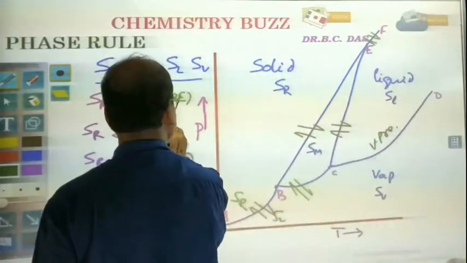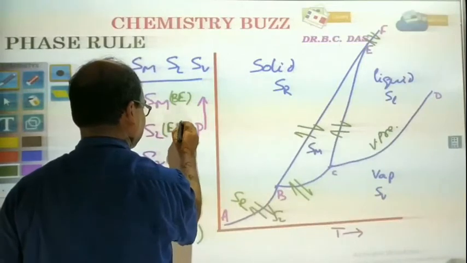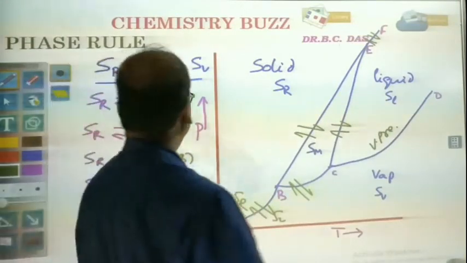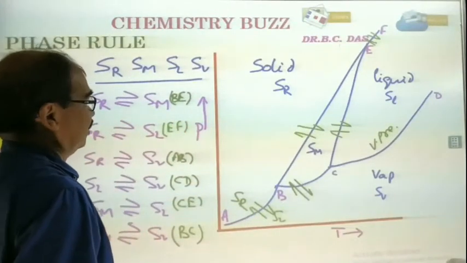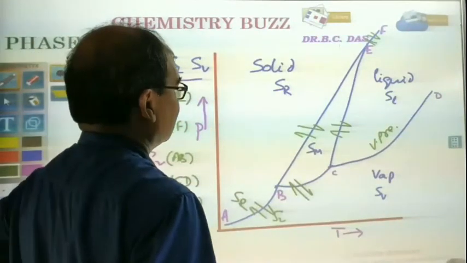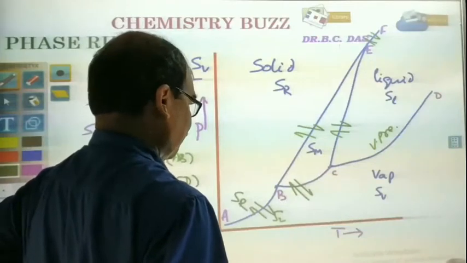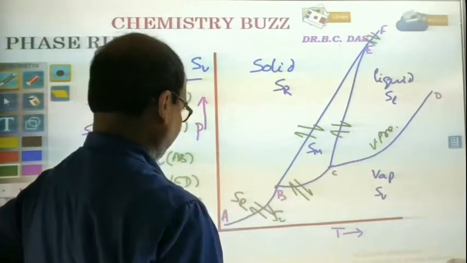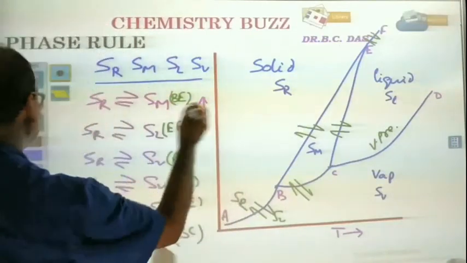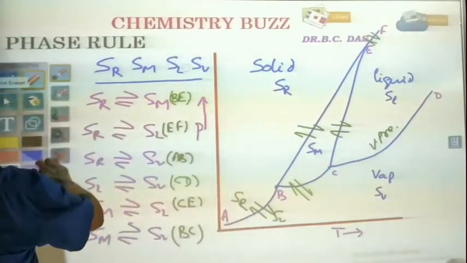Okay, so this is the EF. So we have mapped these binary equilibriums in the phase diagram. Okay, so now let us consider the 3 phase equilibriums in this phase diagram.